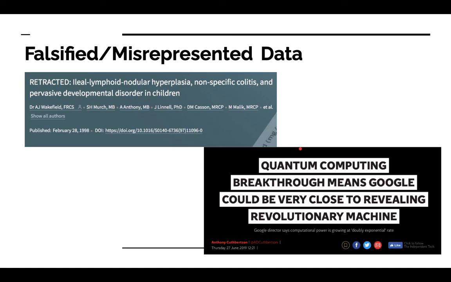However, we are nowhere close to a major breakthrough or revolutionary machines. Every time we make an advancement in quantum computing, it gets reported in the media as a breakthrough. So we're still quite a ways off, unfortunately.